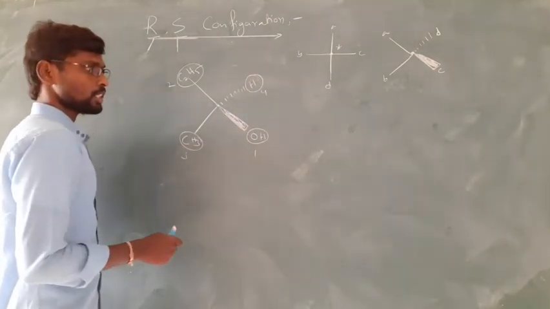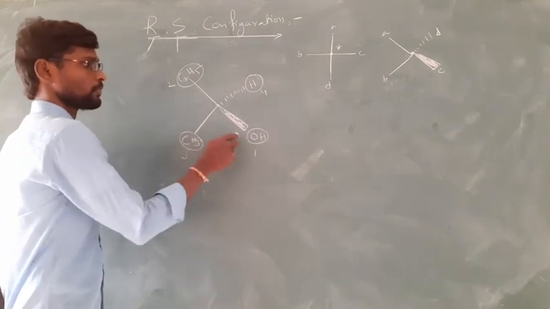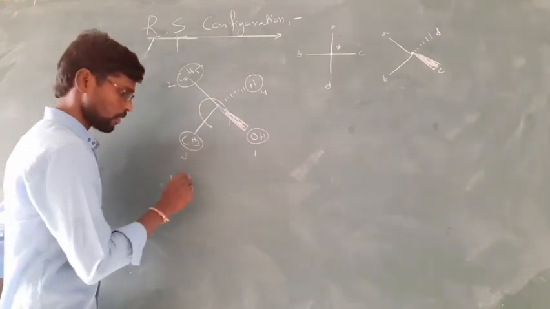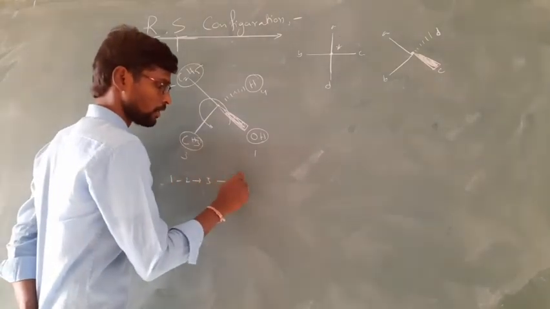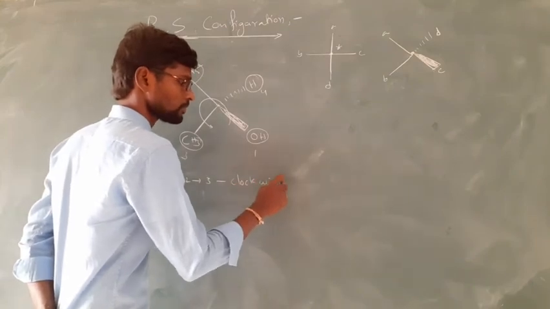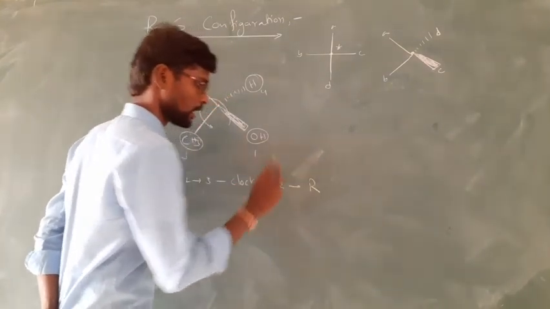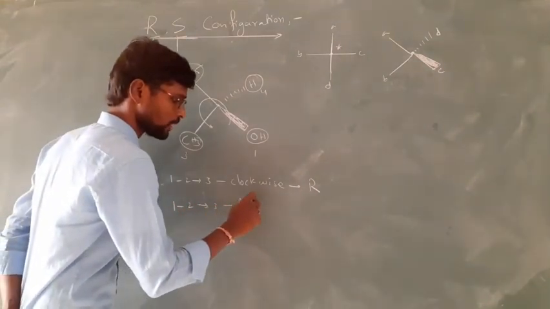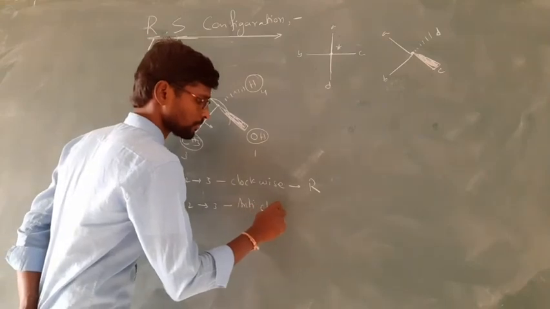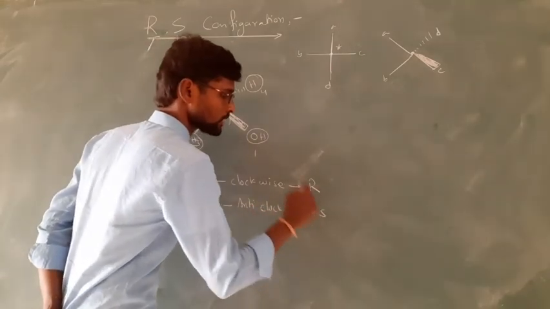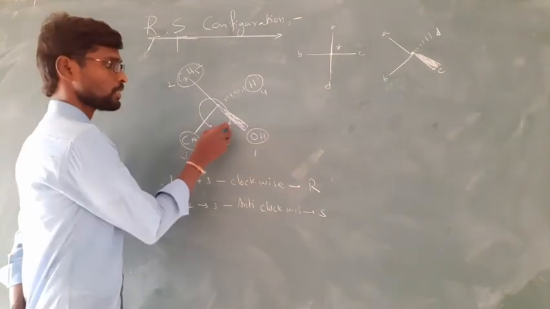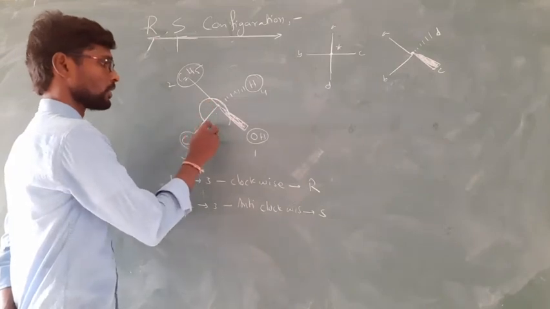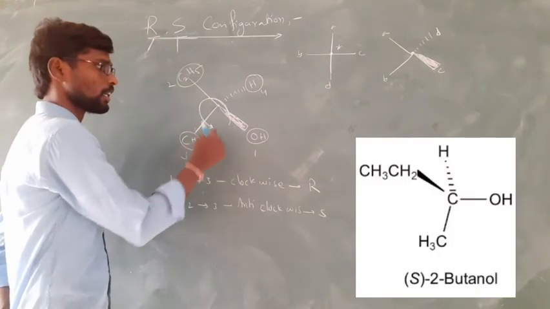Now if these 1, 2, 3 are in a clockwise direction, it will again get the same rule, R, and if 1, 2, 3 are in anti-clockwise, it gets S. Now if you observe here, these 3 are in an anti-clockwise direction.